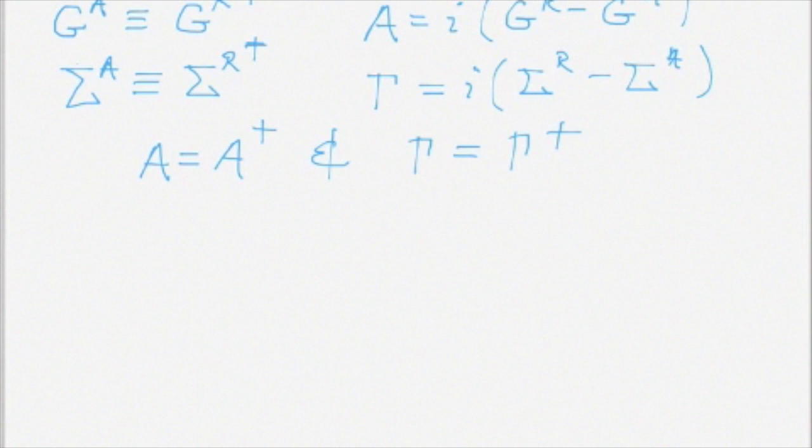In other words, they are Hermitian. Because if I take the dagger of A, I end up with G^A minus G^R times negative i, which is exactly what I started with. Same with the gamma. If I take the dagger of gamma, I get sigma^A minus sigma^R times negative i, which is the same thing.